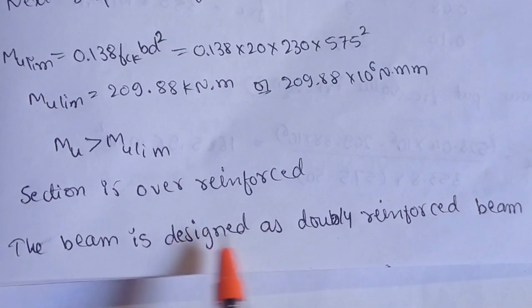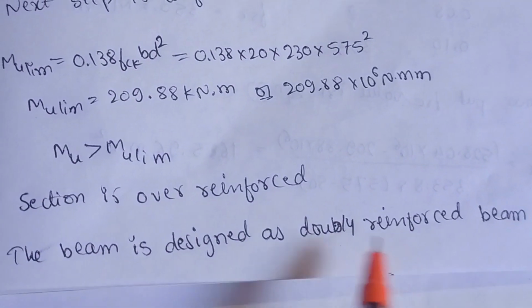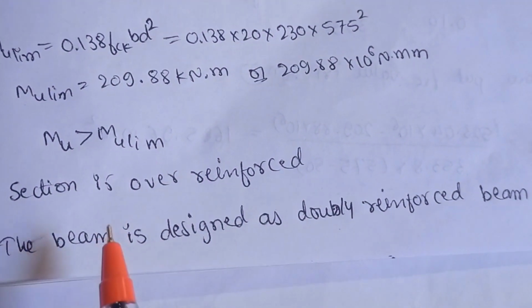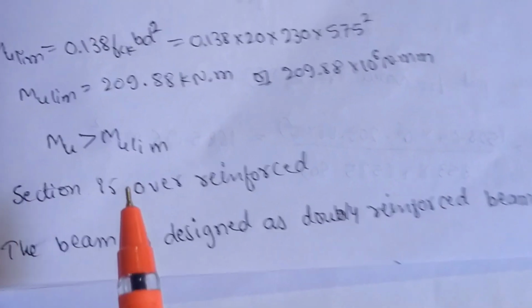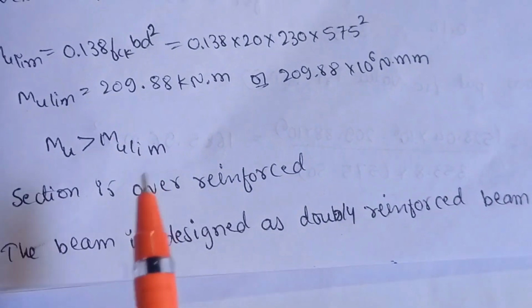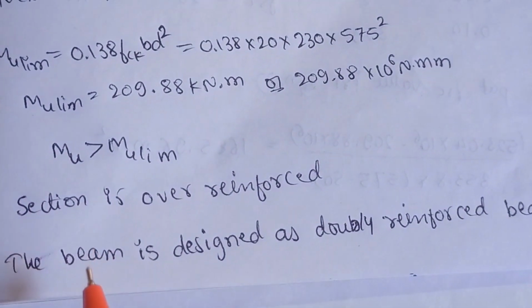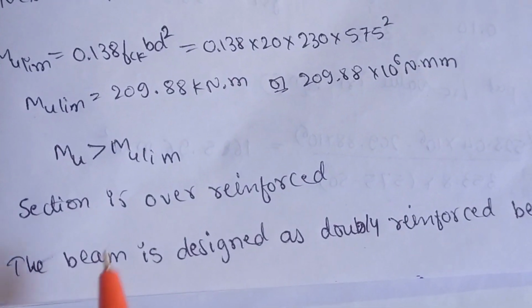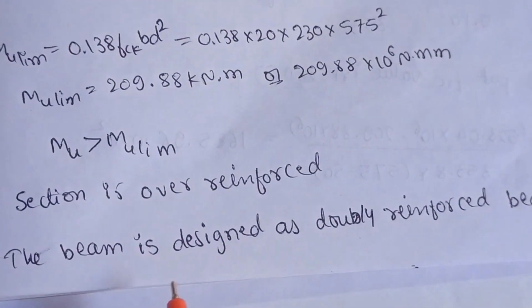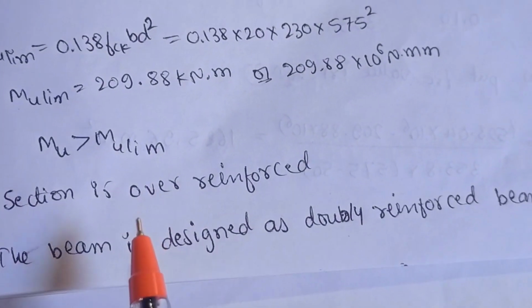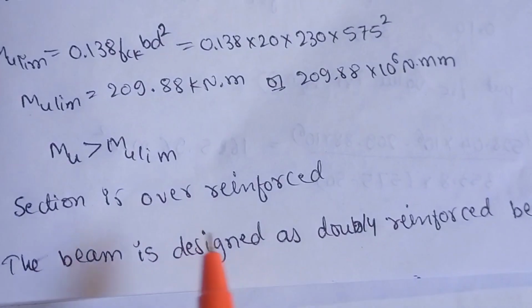Since our given beam is doubly reinforced, we need to find out the area of compression reinforcement as well as area of tension reinforcement. In a singly reinforced beam, we only calculate the area of tension reinforcement. But in case of a doubly reinforced beam, we calculate both the area of compression as well as tension reinforcement.